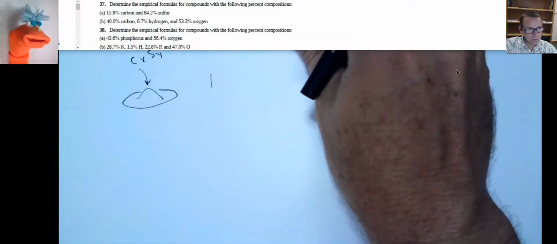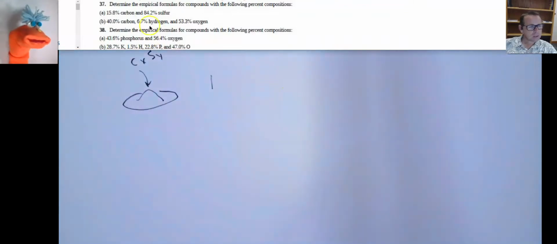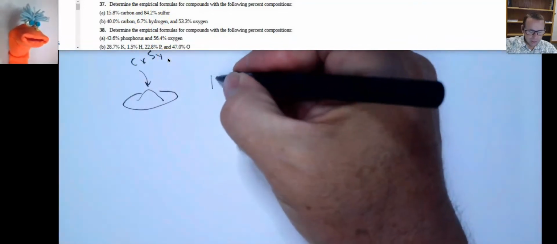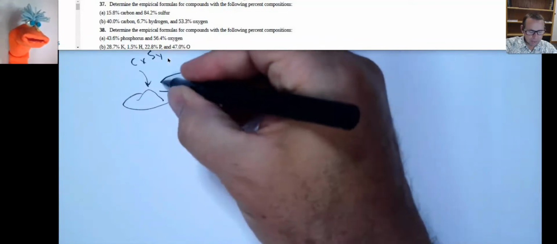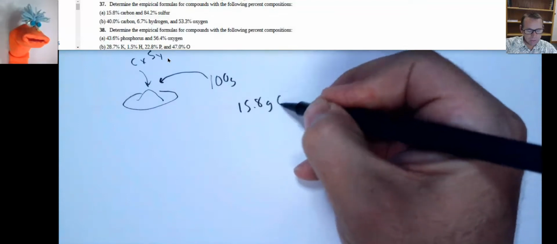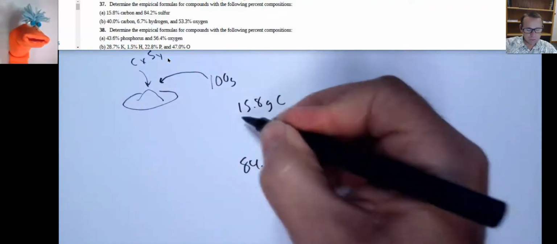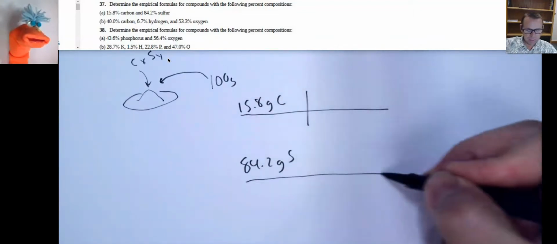I don't know the chemical formula exactly, but I know it contains carbon and sulfur. I don't know its molar ratios, and so X and Y are those values for now. But if I had 100 grams of this, then I would know that 15.8 of those grams would be carbon, and 84.2 of those grams would be sulfur. That's what that percentage means.